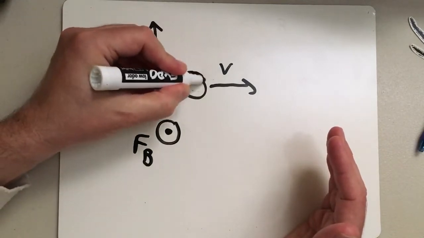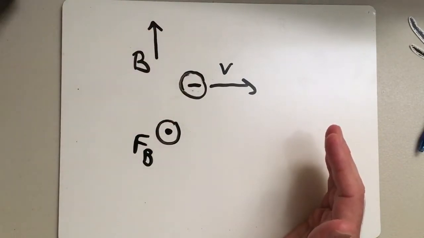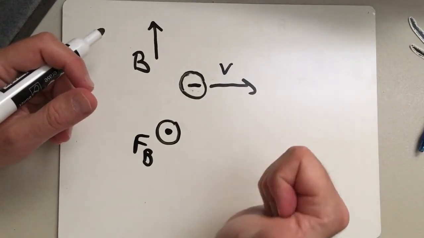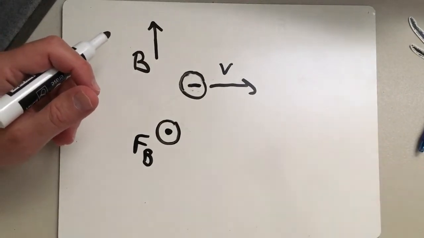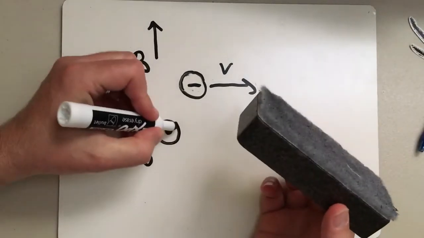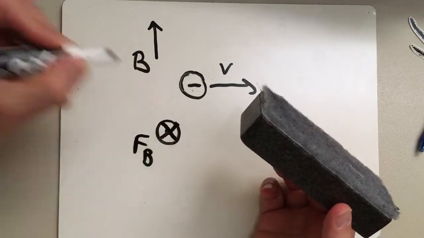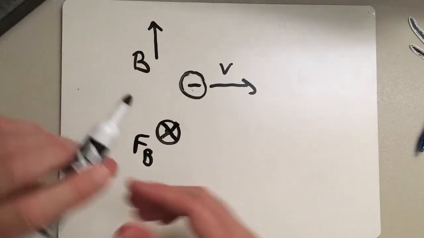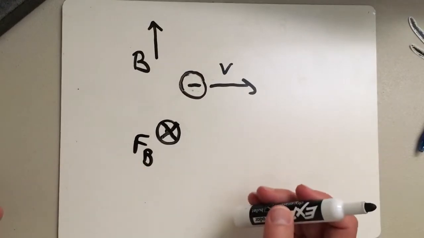There's two ways to get it. You can use the right-hand rule, go through everything, and when you get your force, you take the exact opposite direction. The exact opposite direction would be into the board, so I just put an X there. Or for negative charges, you can use the left-hand rule.